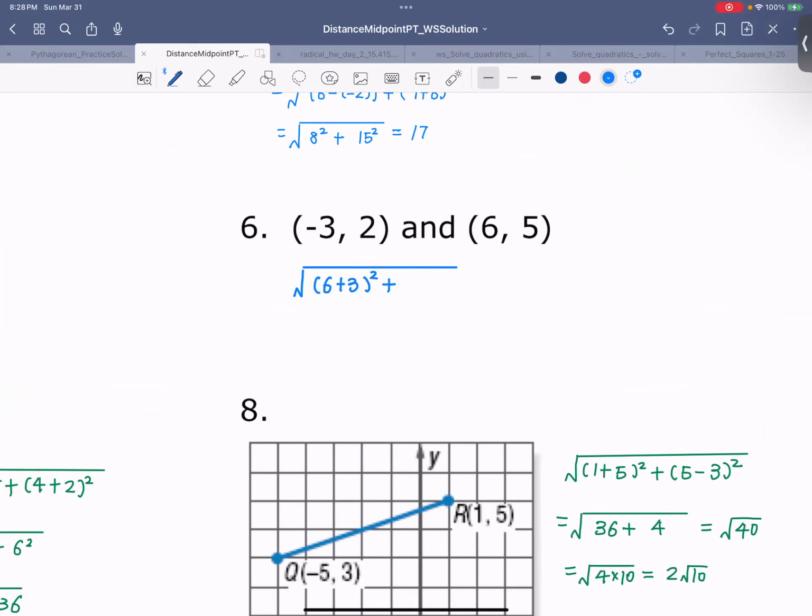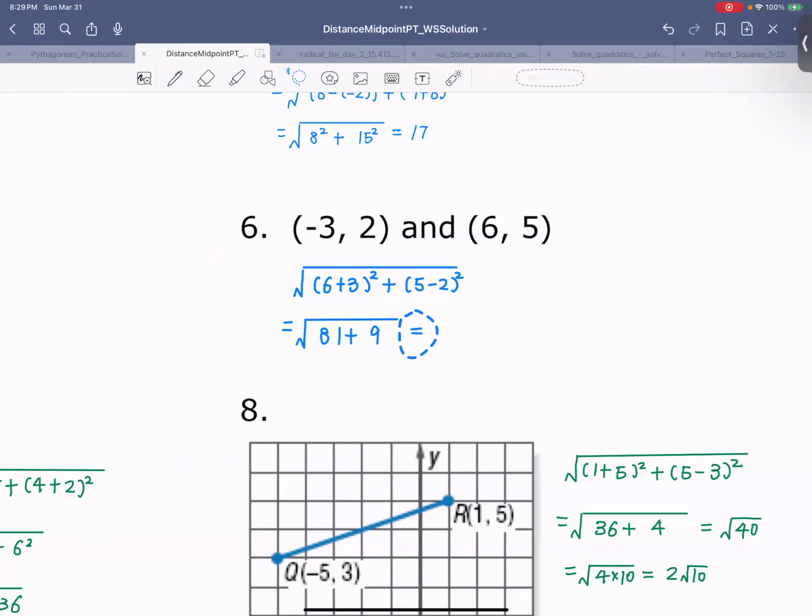Plus 5 minus 2, squared, equals 81. Yes, 81 plus 9, which equals square root 100.